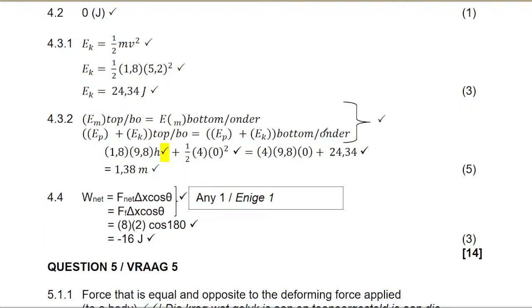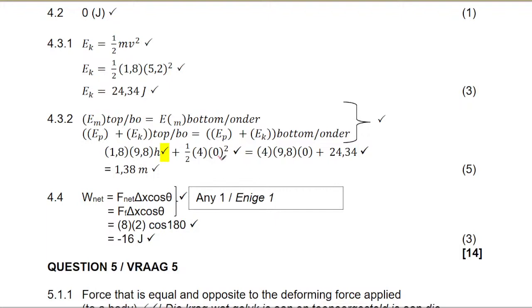And then the second mark, for the substitution, we are going to award either on the first 0, whereby kinetic energy at the top is equal to 0, or where the potential energy is equal to 0.